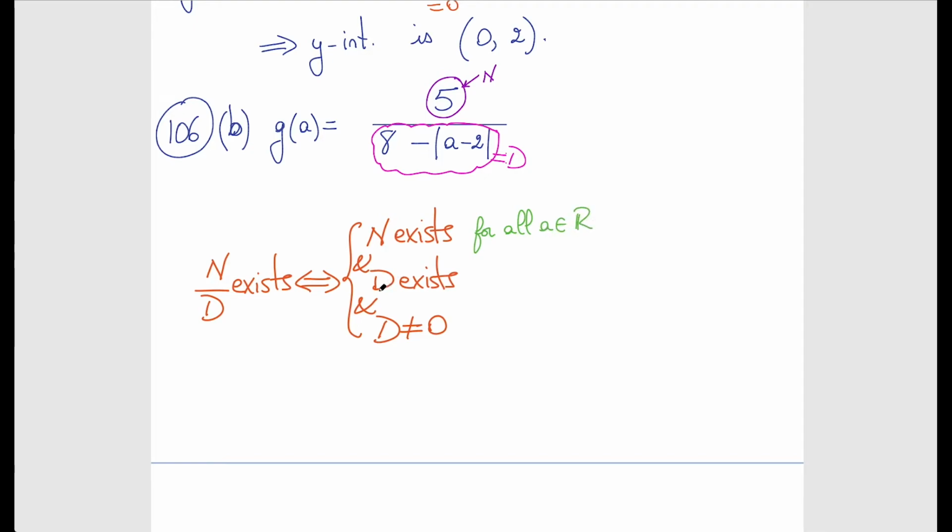Okay, how about d? When does d exist? Look at d. It's 8 minus the absolute value of a minus 2. So is there any a for which d doesn't exist? Let's see how d is manufactured. You give an a to this denominator. What's gonna happen is you're gonna subtract 2 from the a. You can always subtract 2 from a real number. Okay, so you're gonna obtain this result.